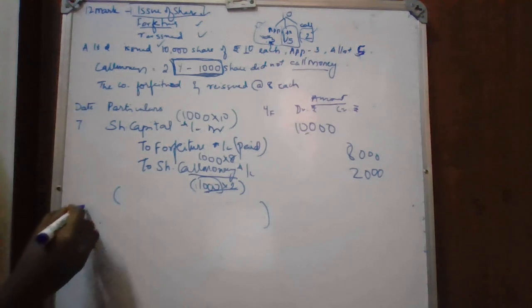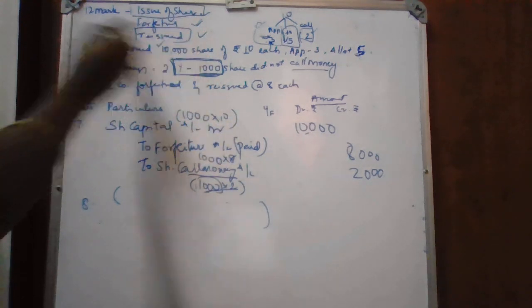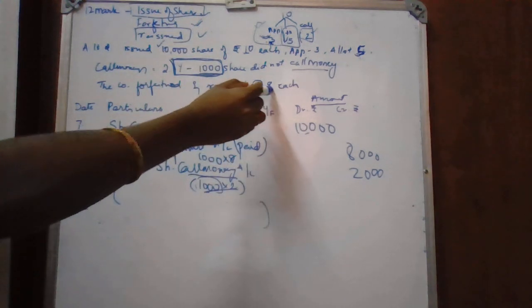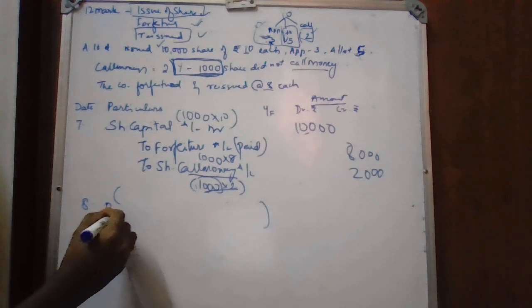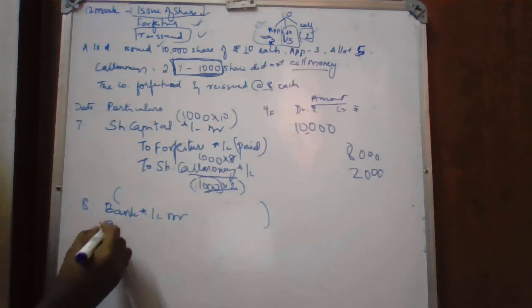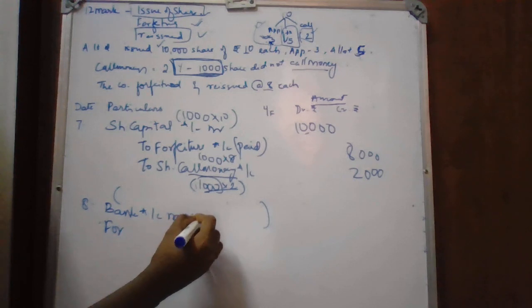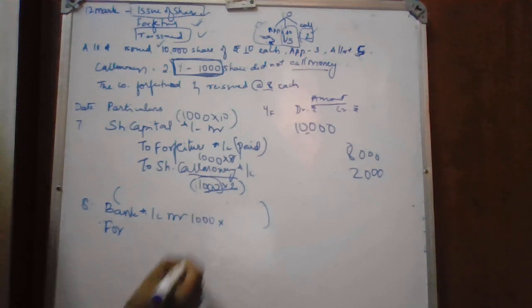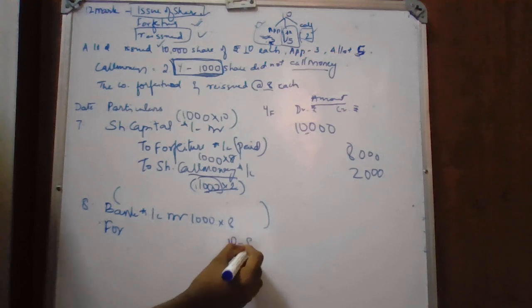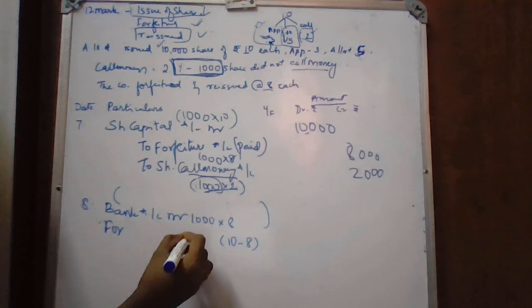Next journal entry. This is 7th journal entry, 8th journal entry. Forfeiture entry is done. Next is reissue. You are reissuing it at 8. So you are receiving money when you are reissuing. So bank account debit, forfeiture account debit. Why bank account debit and forfeiture? First, 1,000 shares they are reissuing at 8 rupees. Then you have 10 rupees as the value of share. 8 rupees only you reissued. So balance you will be transferring to forfeiture account.